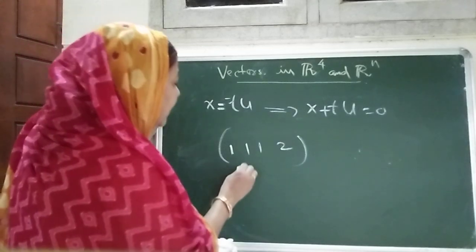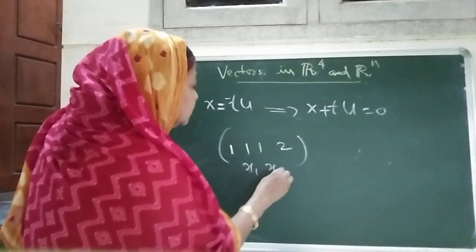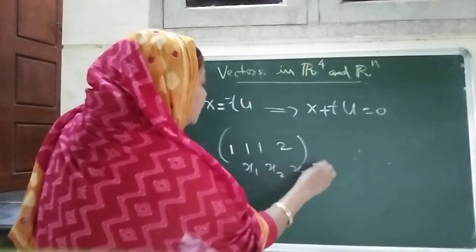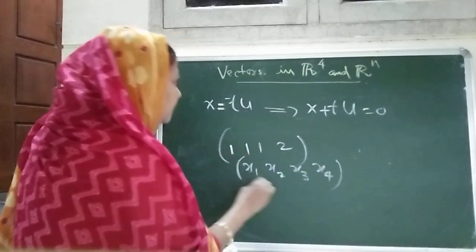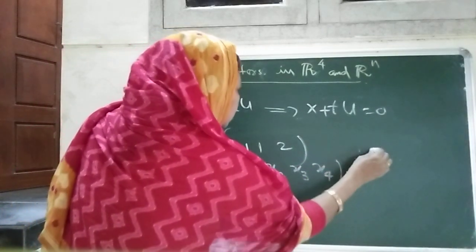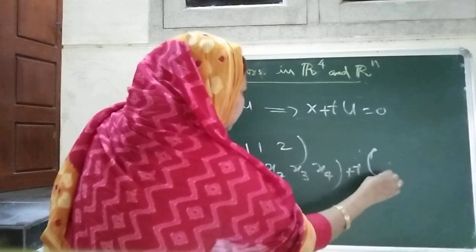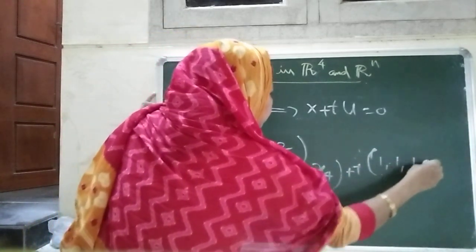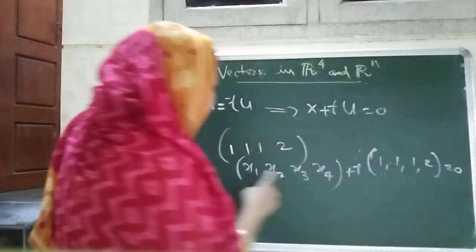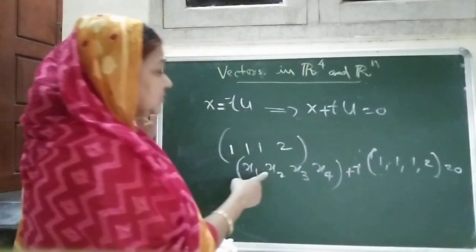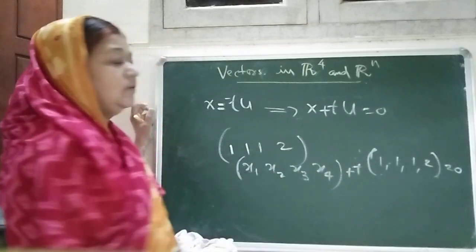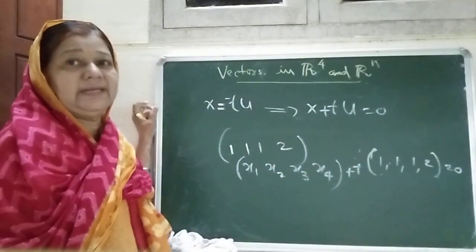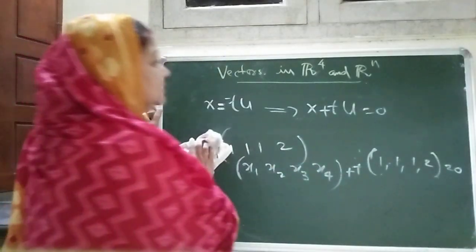That is capital X, that is x1, x2, x3, x4 plus t into 1 1 1 2 equal to 0. That is x1 plus t equal to 0, x2 plus t equal to 0, x3 plus 2t equal to 0 and x4 plus t equal to 0.